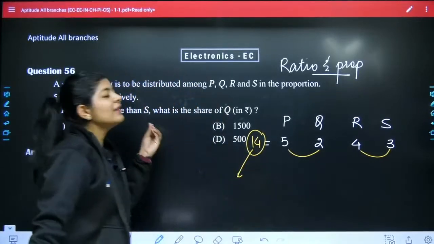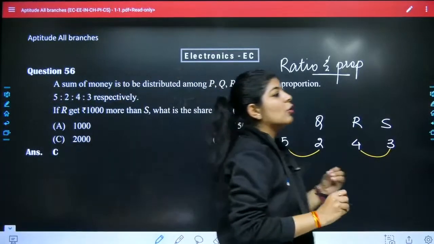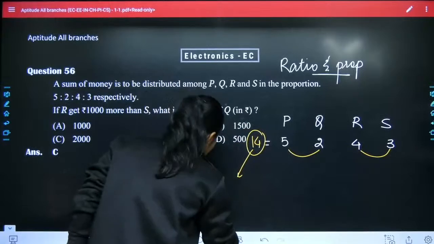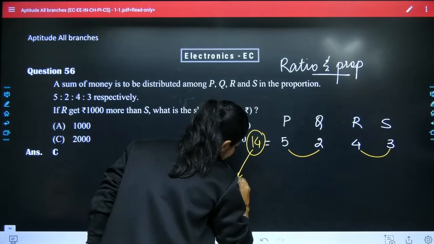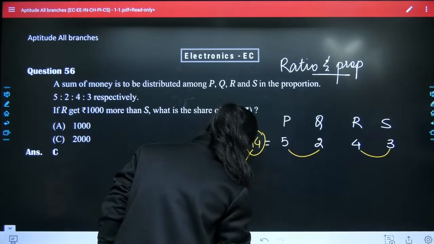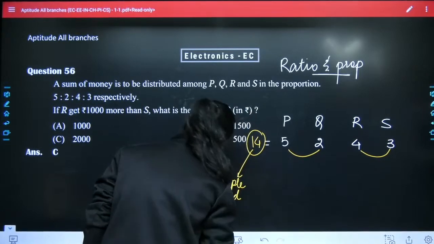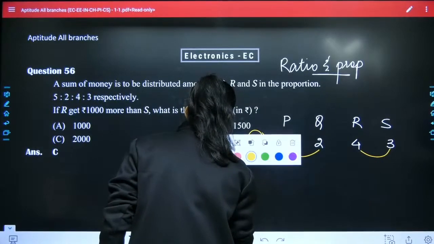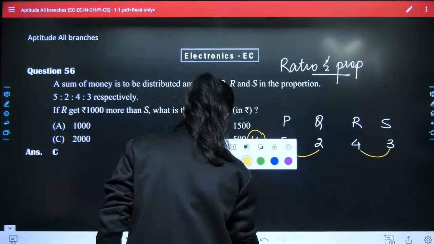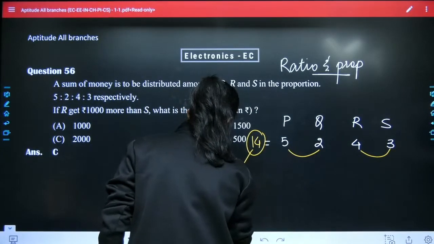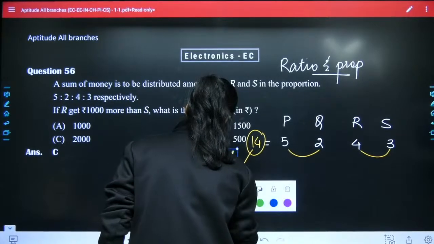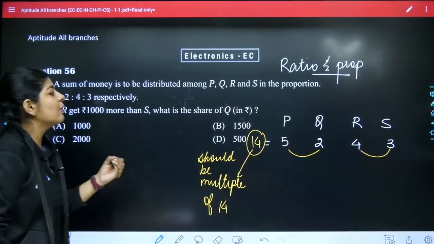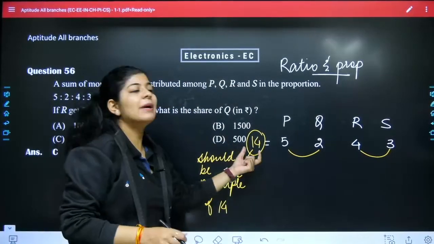If it is asked to find out the total amount which is divided among these 4 participants, then the number should be a multiple of 14.